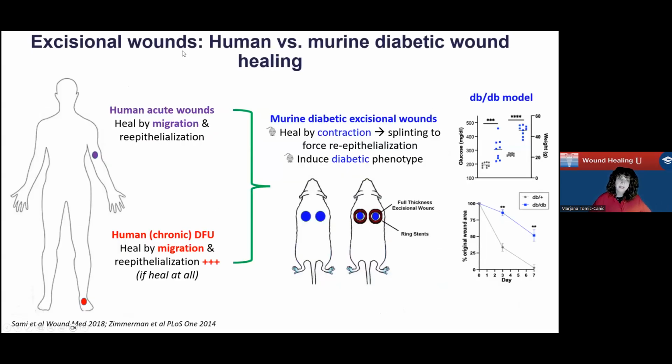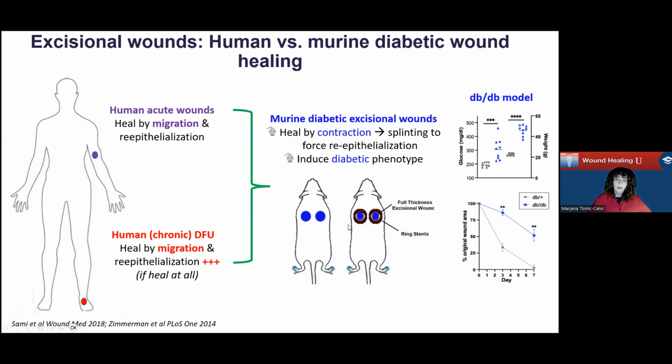Again, comparisons between excisional wounds. Another type of wound is the excisional wound, and when you look at human versus murine diabetic wound healing, clearly there is a difference between the types of wound in that context. In murine diabetic excisional wounds, mice heal by contraction, humans don't.